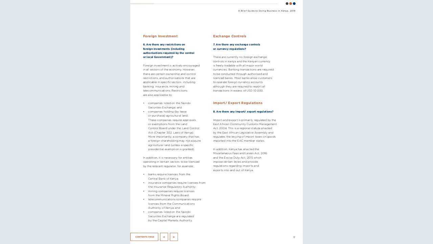Then foreign investors. Are there any restrictions on foreign investment, including authorization required by the central or local government? No, foreign investment is actually encouraged in all sectors of the economy.